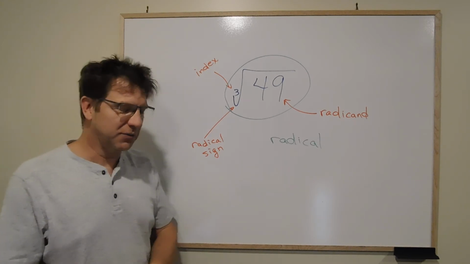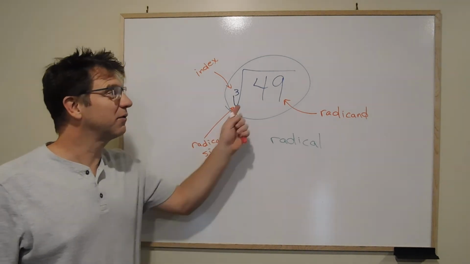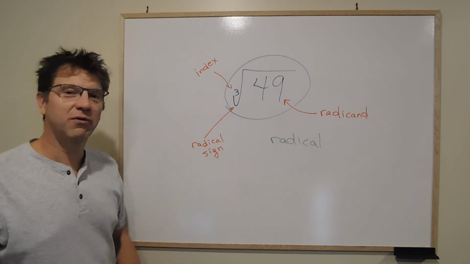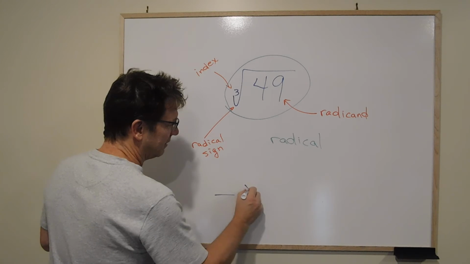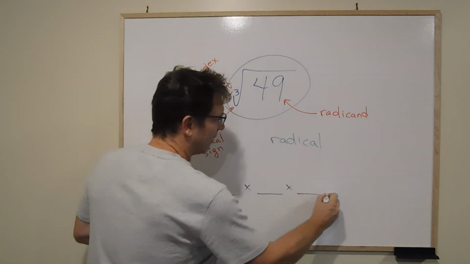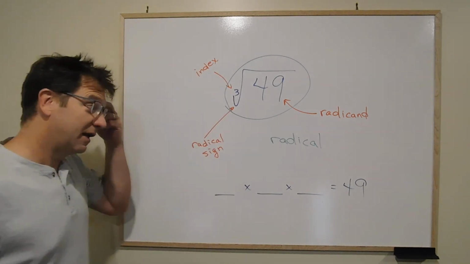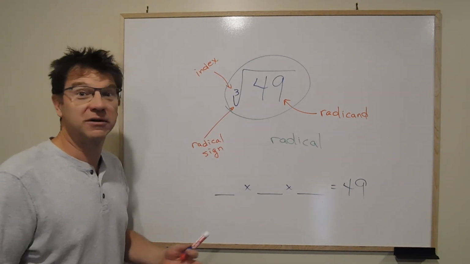Now, the one thing I also want to let you know, this one is nice if it's a square root. The square root of 49 is 7. The cube root of 49 is a number such that the number times the number times the number equals 49. Right? Now, we know that that's not a whole number, it's a decimal.